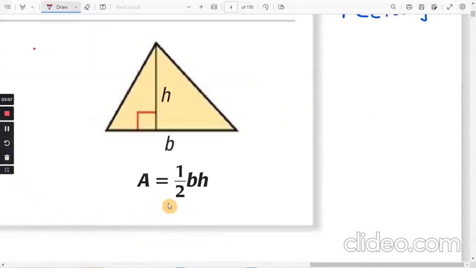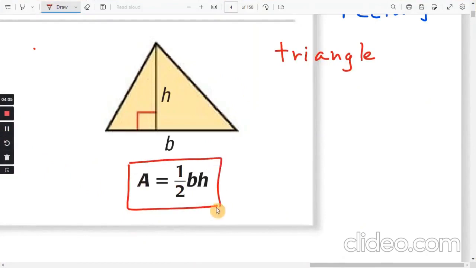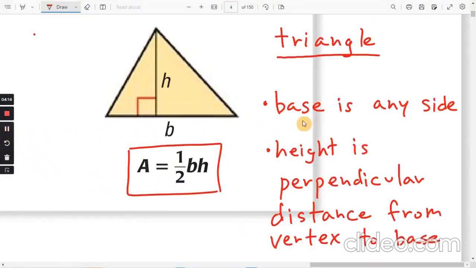And for the triangle, it's just half of the base times the height. So it's the same as the rectangle or the parallelogram, but you just take half. For the triangle, the base is any side of the triangle. You can see right here, they labeled this as the base B. And the height is the perpendicular distance from the vertex to the base.